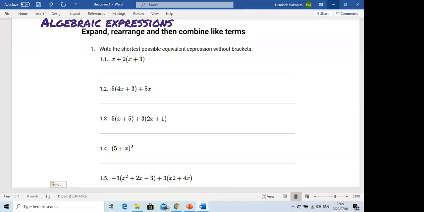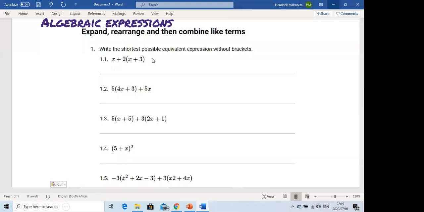Boutle, just be careful when you break your bracket. You need to multiply both terms. I mean, there's a binomial, in this case, 2 into x plus 3. So you need to multiply 2 by x and thereafter multiply 2 by 3.